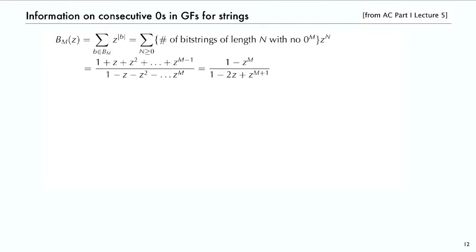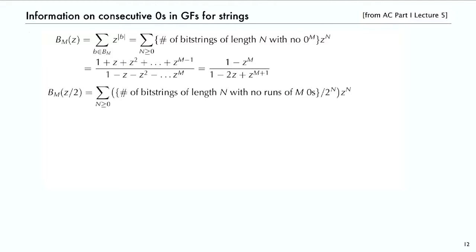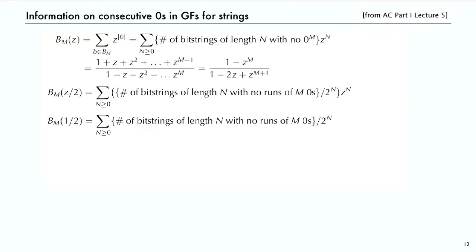And actually, by multiplying by 1 minus z, both numerator and denominator, you get a slightly smaller form of that. That's the same function. Now, what's convenient about this particular generating function is if you evaluate it at z over 2, then it just divides by 2 to the n, and it turns it into a probability generating function.